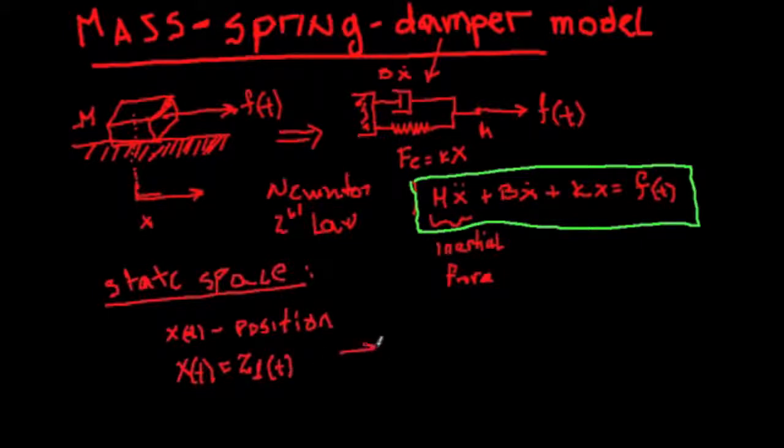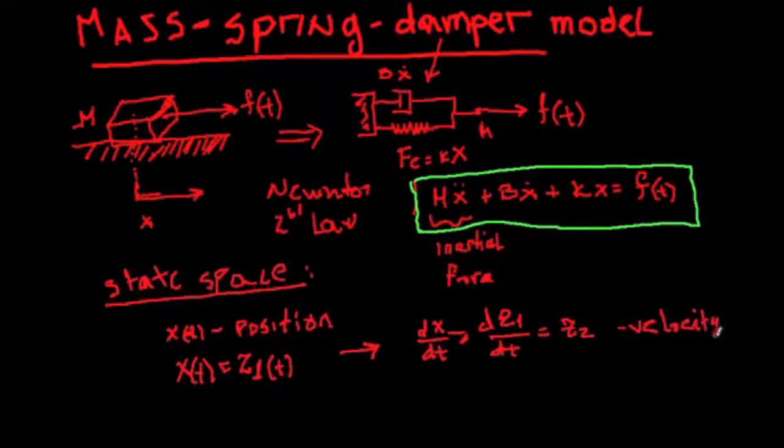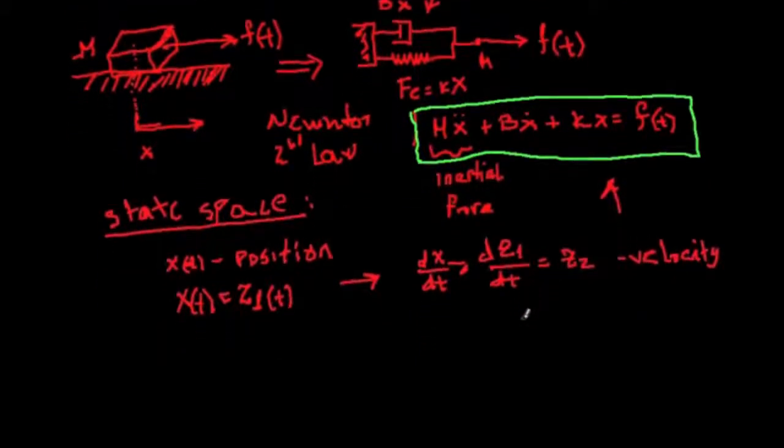Therefore, if this is position, the derivative of the position is velocity. So I'm having that dx by dt is the same as claiming that dz1 by dt is equal to z2, and this is velocity. In other words, I want to represent this model in the world of the velocities and positions.